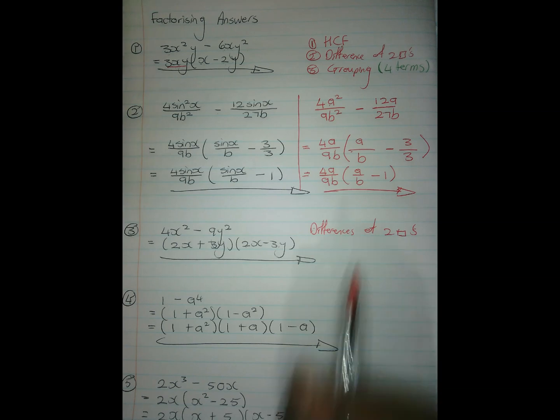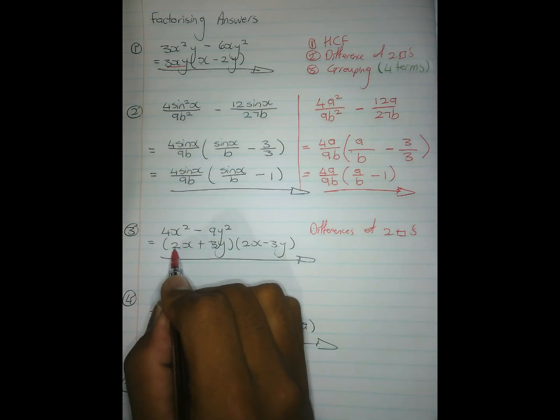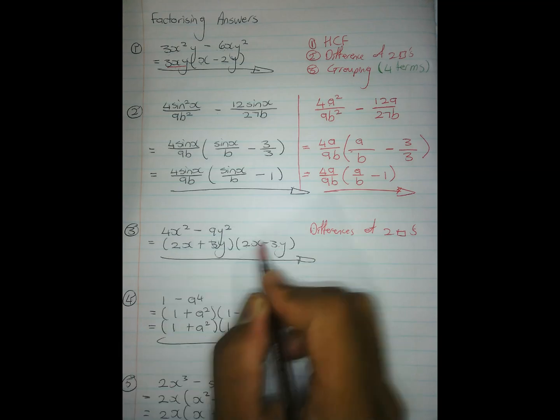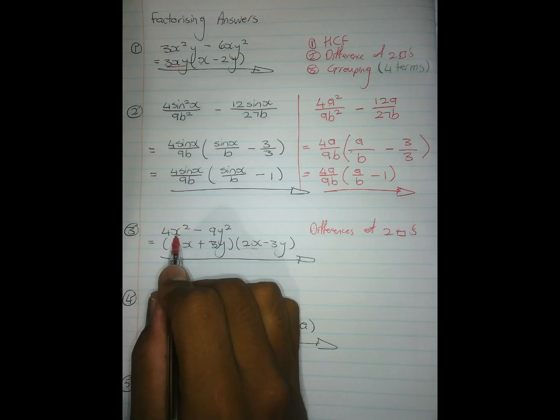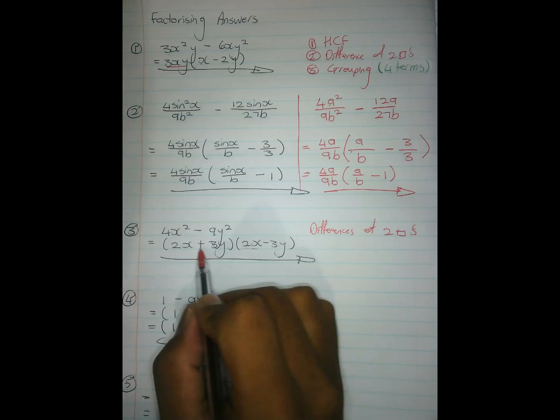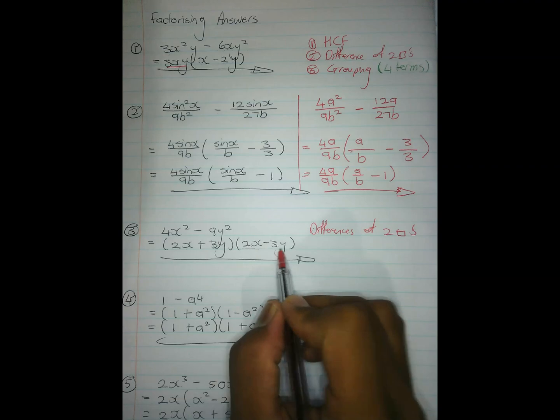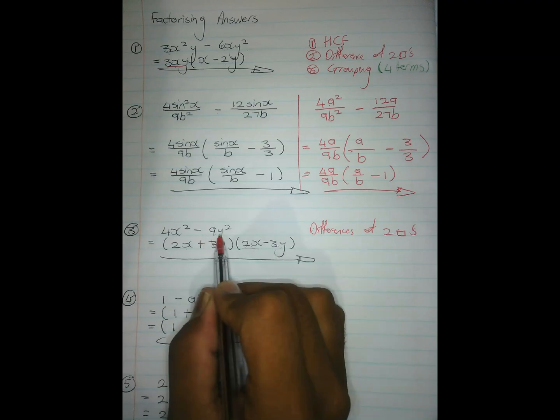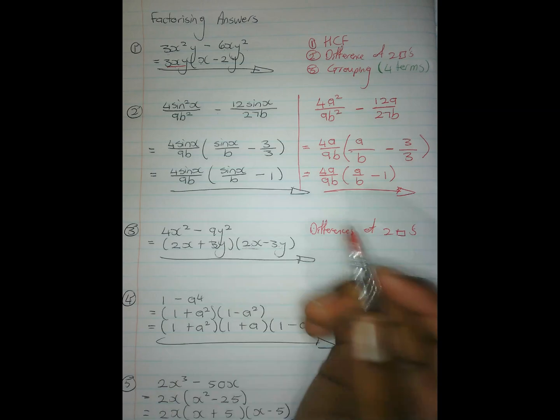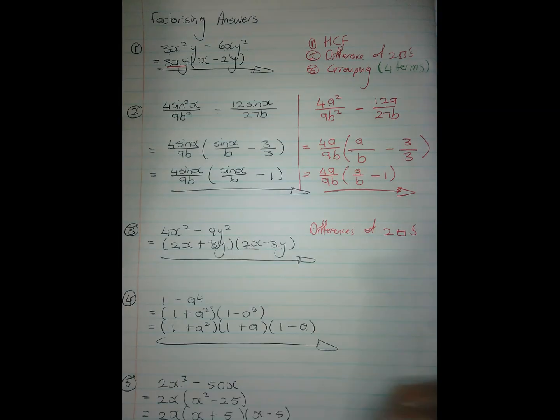You just make sure that this number, the one in front, multiplied by this one here in front gives you that one there. This one in the back times this one at the back must give you that. Then that's the difference of two squares. Straightforward and simple. You never need to think.